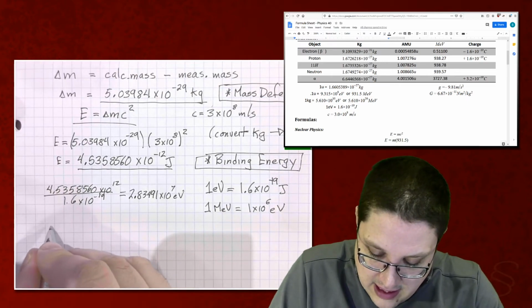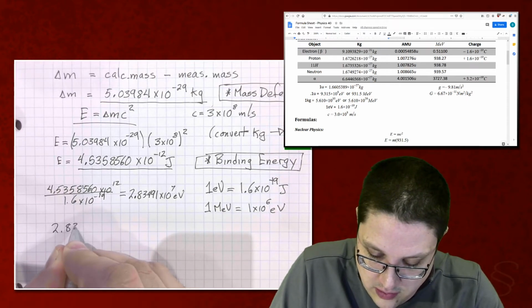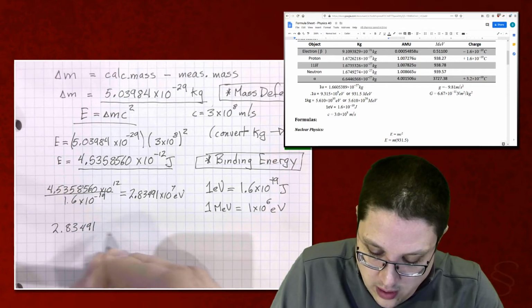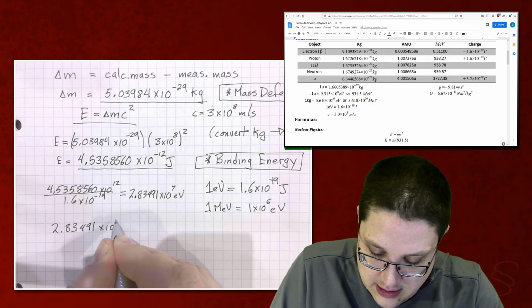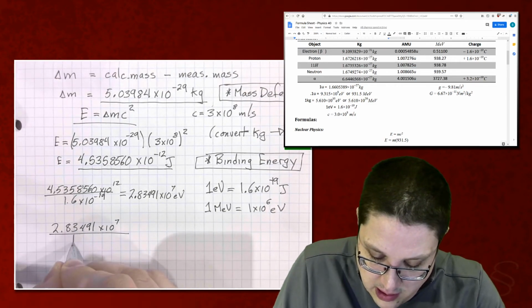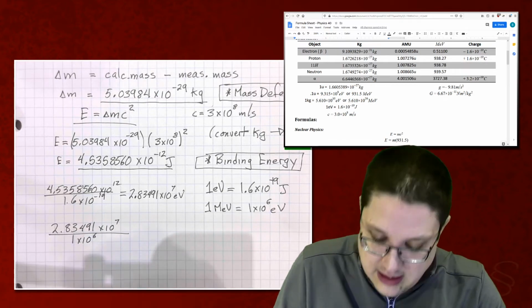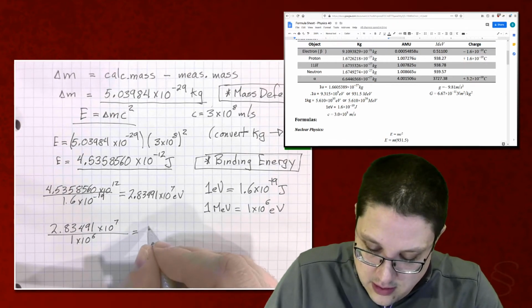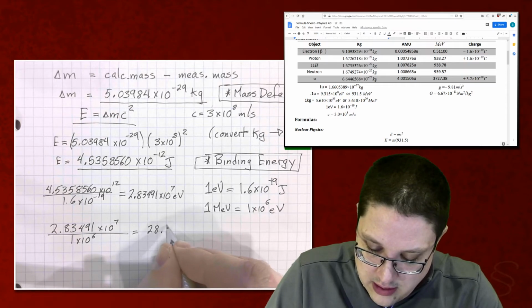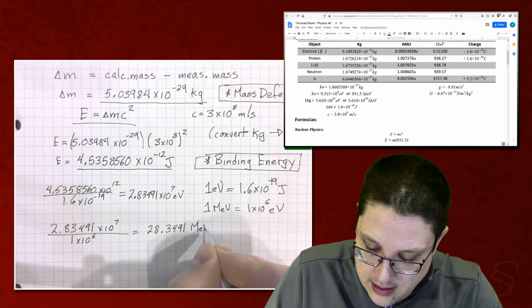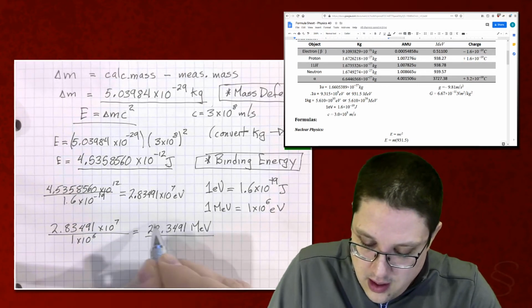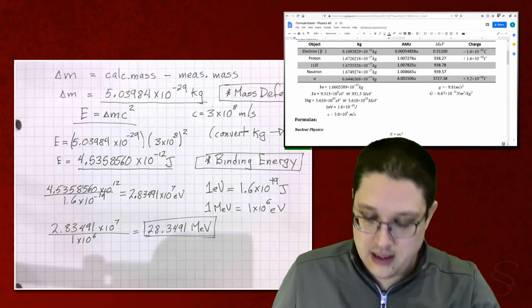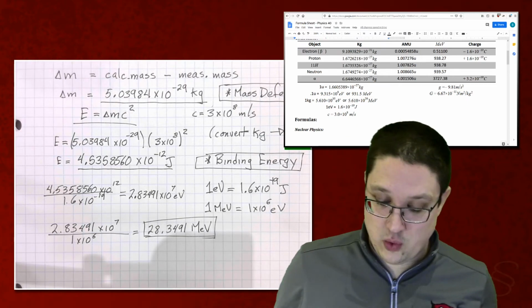And I can take that, 2.83491 times 10 to the 7 divided by 1 times 10 to the 6, and I get 28.3491 MeV. So there's my binding energy in million electron volts.